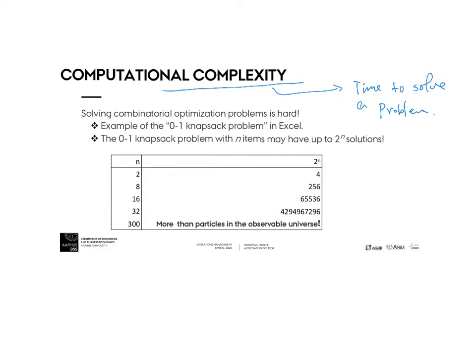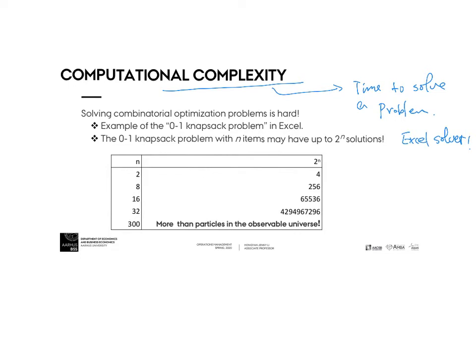So far, we have done a lot of cases or examples in Excel Solver, and you can quickly find the solution, but it's not always true. Often in reality, the computational time or complexity increases significantly when you increase the problem size.